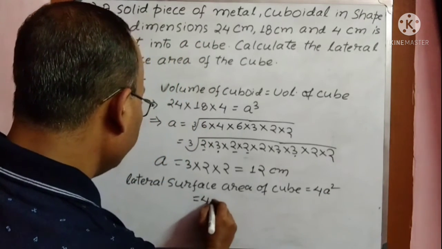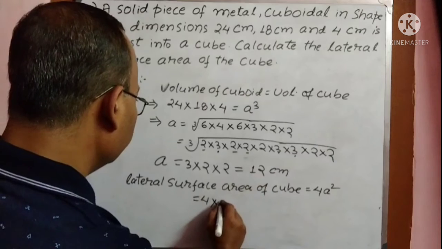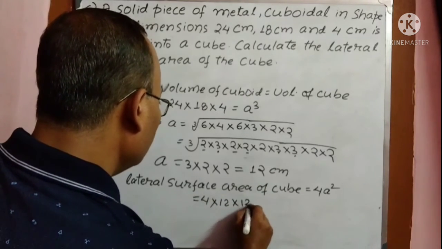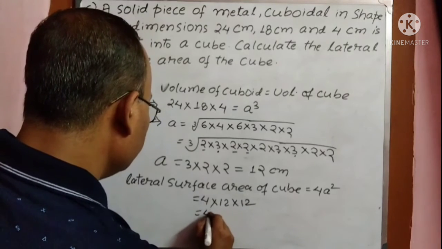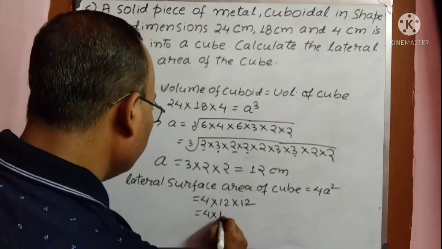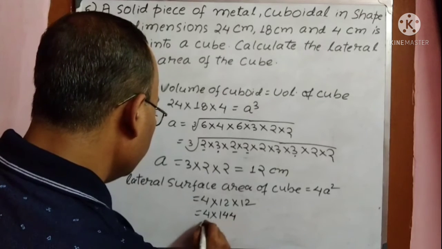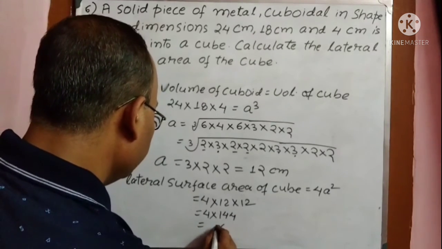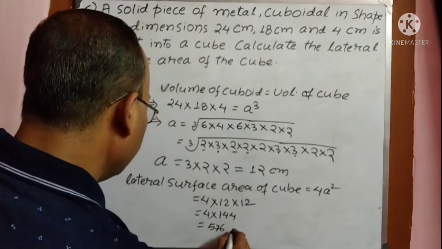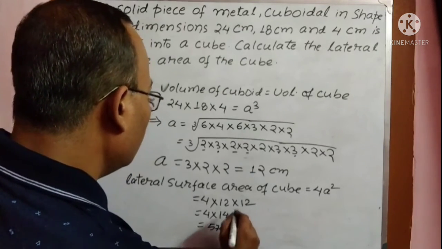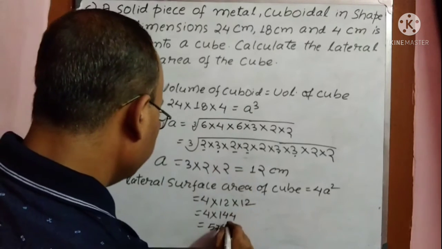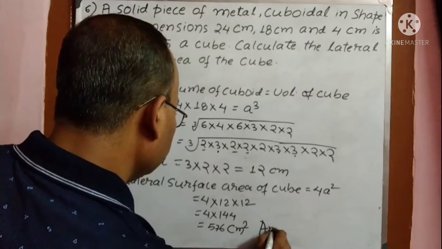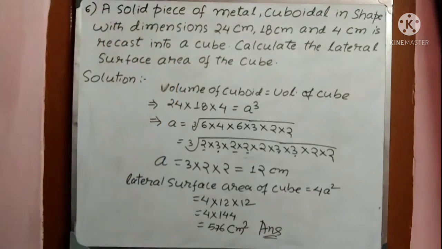So 4 into A square, where A is 12. So 12 into 12, which is 144. And then you multiply by 4, 576 centimeter square. So this is your answer.